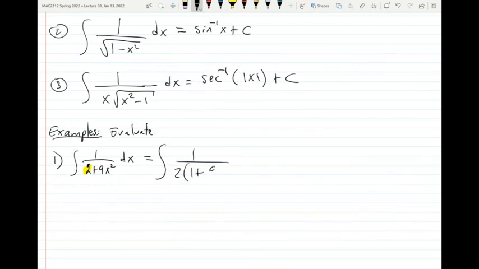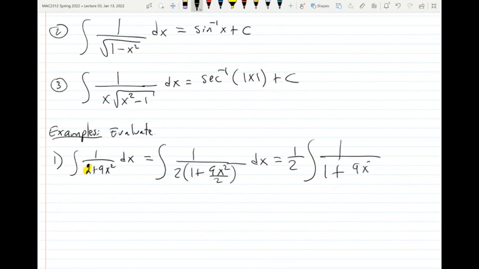By factoring out the 2, now I have a 1 in here, okay? You need to divide by 2 here because I factored it out. And now that means I have a 1/2 that I can take outside the integral. So this now becomes 1/2 the integral of 1 over 1 plus. Now, don't copy this second part yet because I'm going to rewrite it, just to show you how it's looking so far.